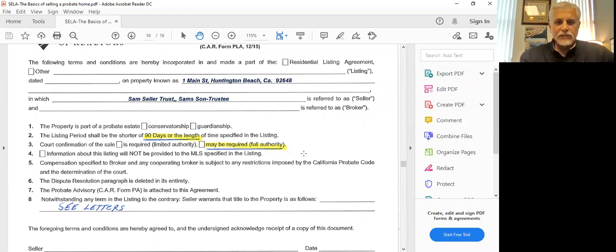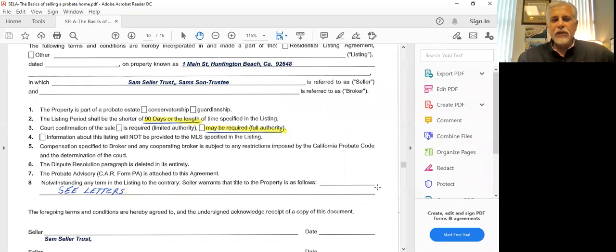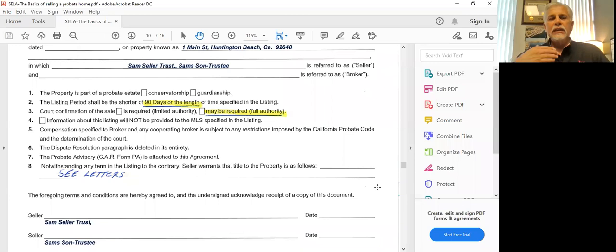And basically then it starts going into some MLS things and compensation. As I told you, 5 for limited. And you cannot arbitrate. This dispute resolution is completely deleted. It's very hard to get arbitration or mediation, because all probate is sold as is.